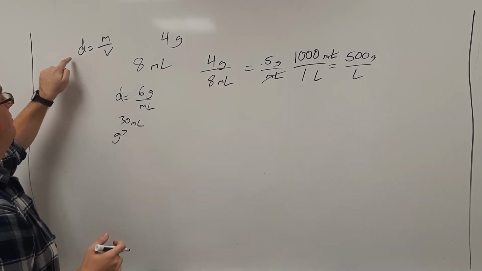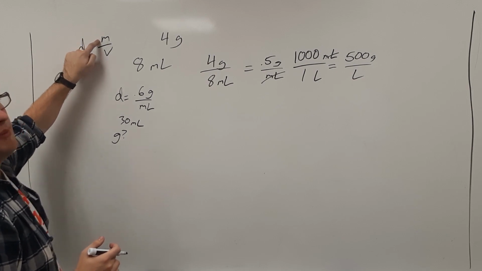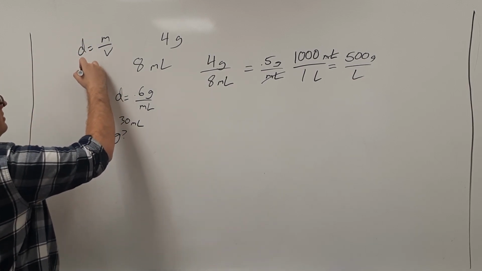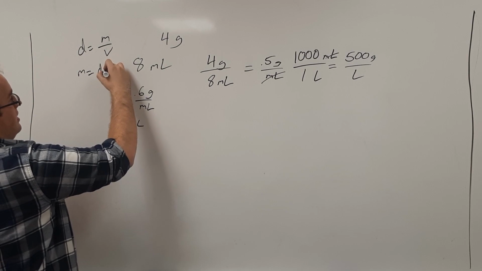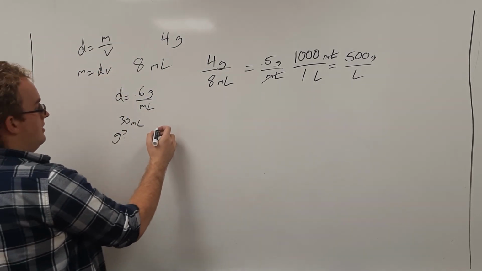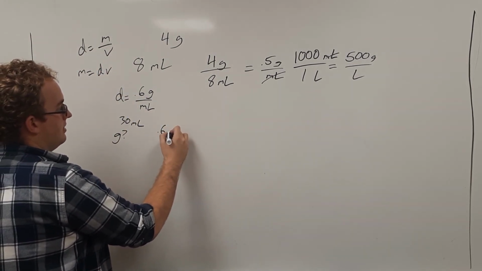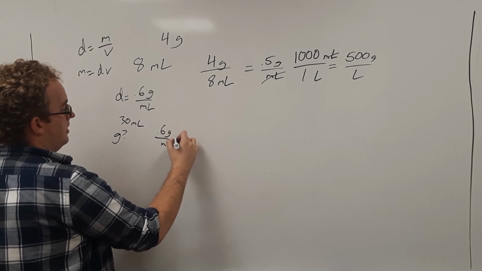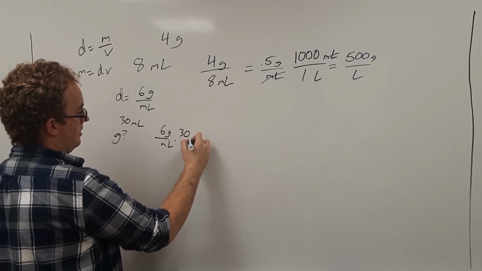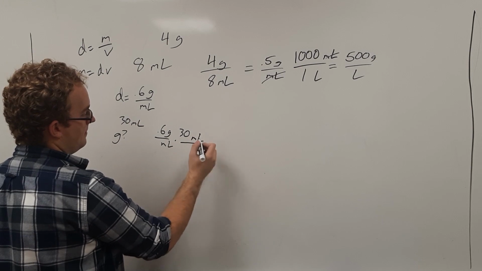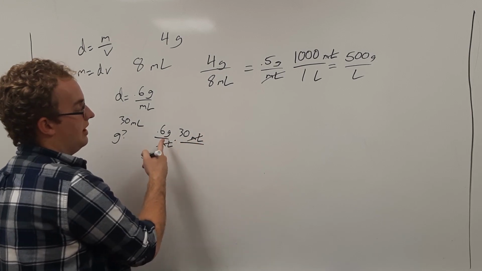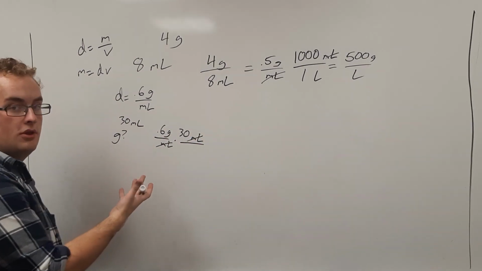We have volume and we have density. We don't have mass, so if we solve for mass, it's just mass equals density times volume. So then we can just do 0.6 grams per milliliter times 30 milliliters. And then the milliliters cancel out and we're left with grams, which is the unit that we're looking for.